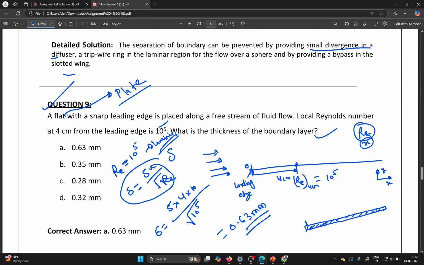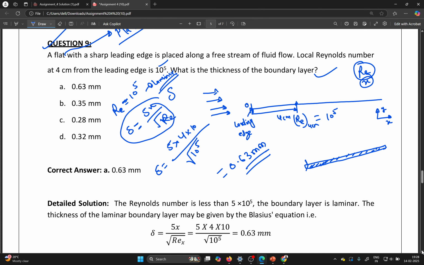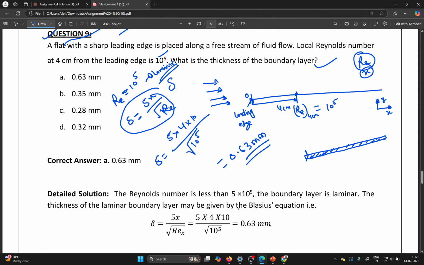Next question is, so what is actually the discussion of this question? Yes. If the Reynolds number is less than 5 into 10 to the power 5, the boundary layer is laminar. In case of a plate, not a pipe. In case of a pipe, if the Reynolds number is less than or equal to 2000, then it is laminar.